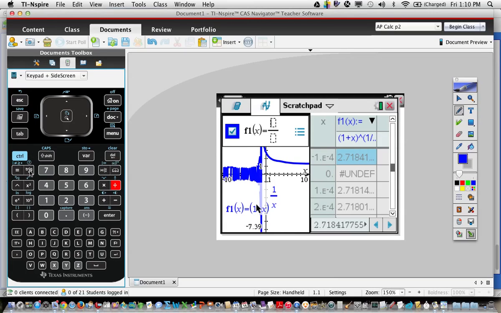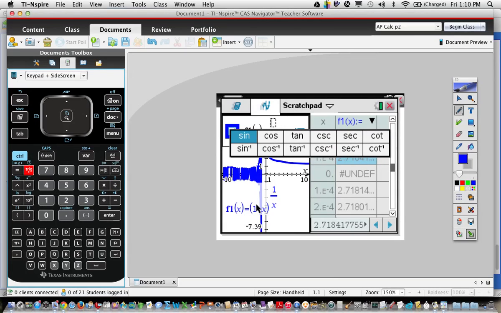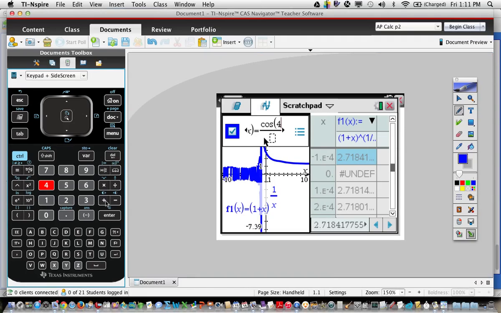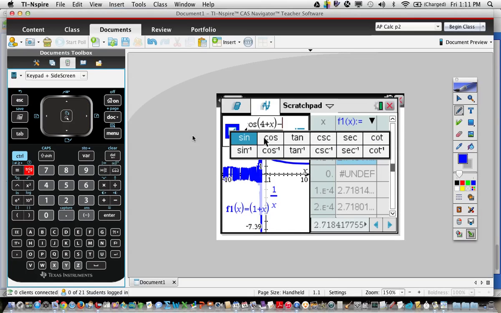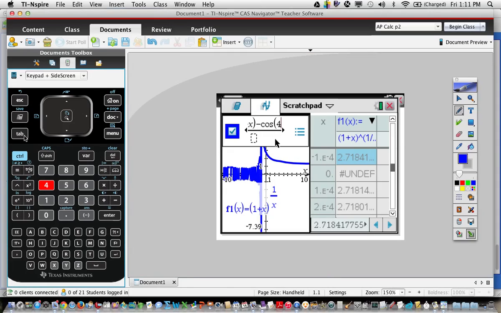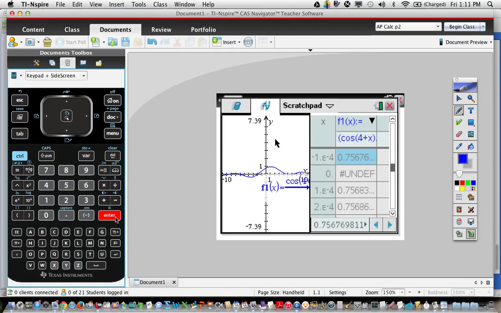Cosine of 4 plus x. That's going to be really easy to put h instead, so we got to be careful. Cosine of 4, and on the bottom is x. And we hit enter.